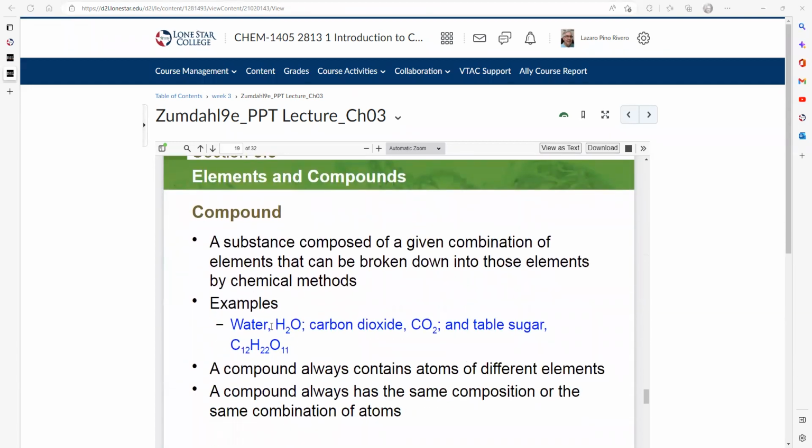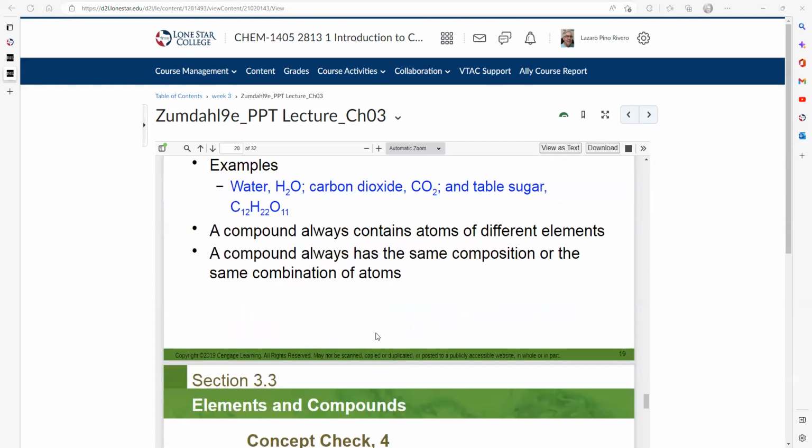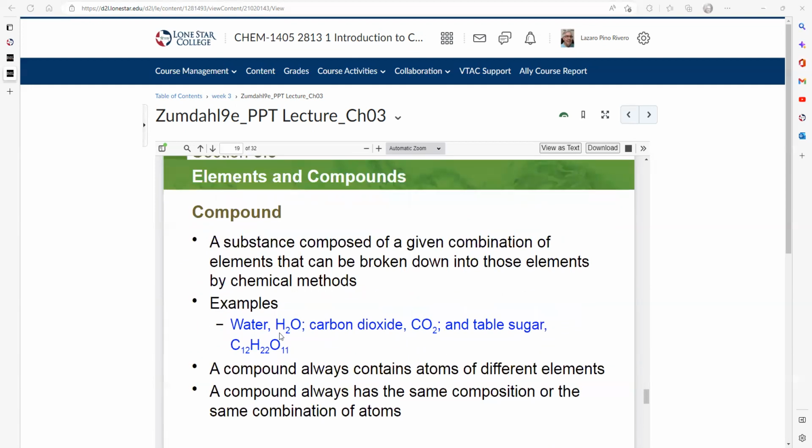A compound is made of at least two elements. For example, water contains hydrogen and oxygen, carbon dioxide contains carbon and oxygen, and so on. But what is important here is that there is a fixed quantity in the combination. Always two atoms of hydrogen combine with one atom of oxygen to make a water molecule.